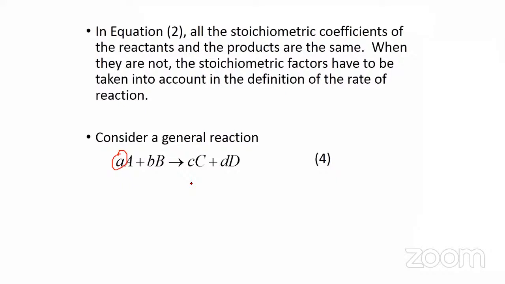So equation 4, how do you write the rate? The rate of decrease of A, the rate of decrease of B. When you want to write it, then you have to take care of the stoichiometric factor.